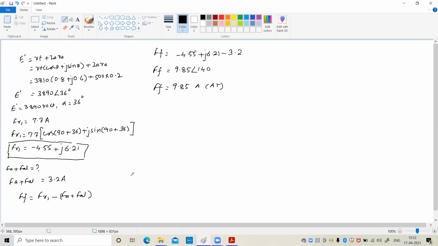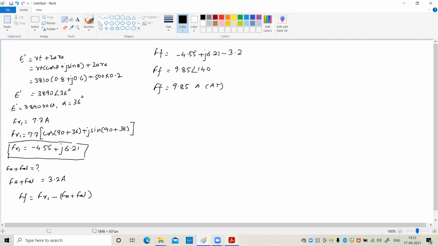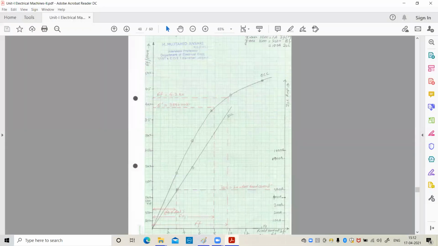Now again, come to our graph paper. Look at the point. How much is the MMF? 9.85. So where is the 9.85? This is the 10 ampere and this is the 9.8 ampere. Now come to the OCC. It intersects the OCC at this point.